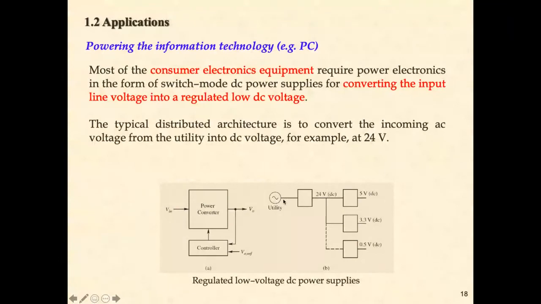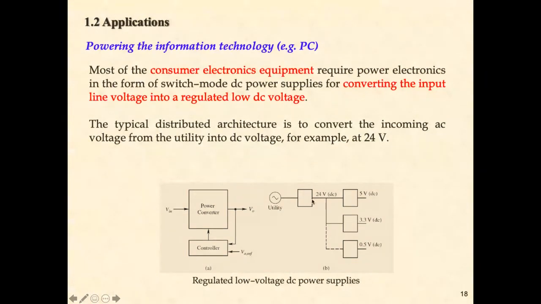And then, in a computer, I don't know if you have DIYed a computer before, there should be a transformer or power supplies. So that should be the DC one with the 24 volt. So here we need to do the AC to DC conversion, right?